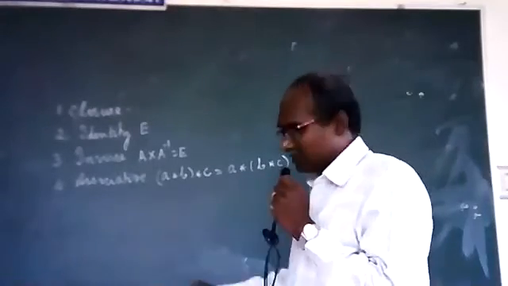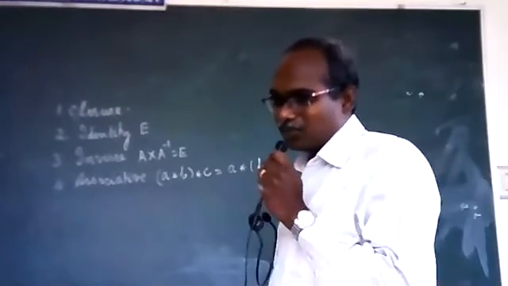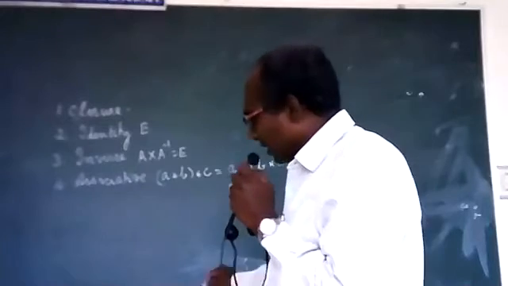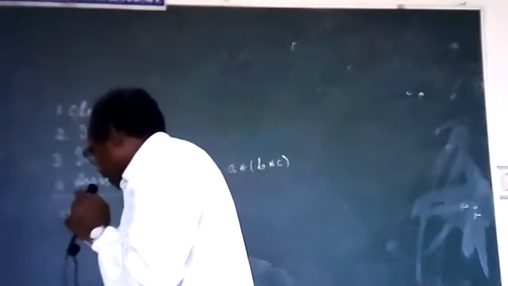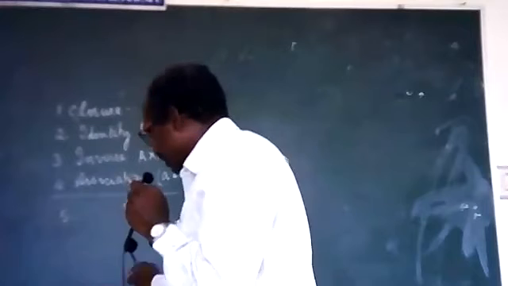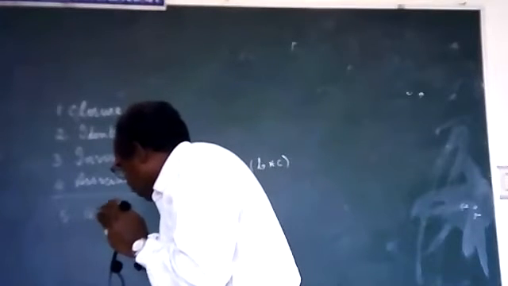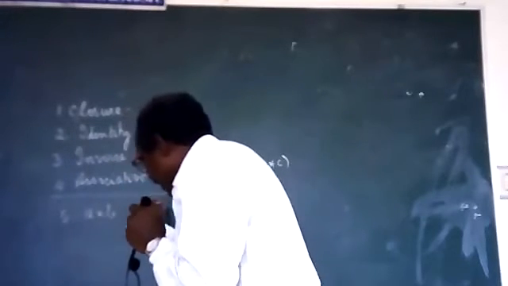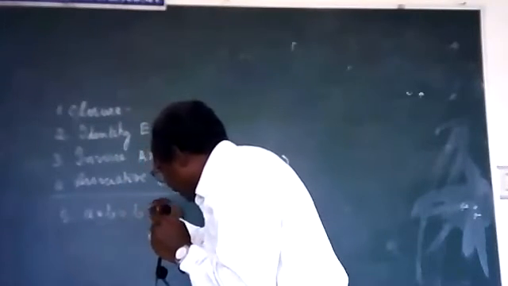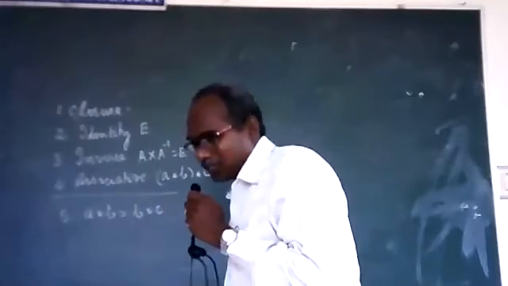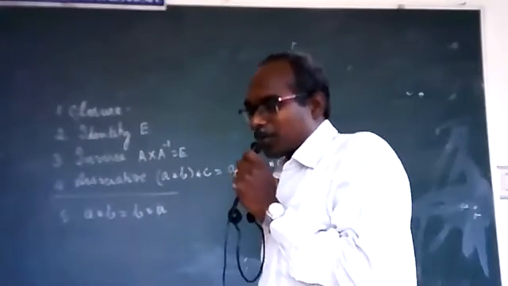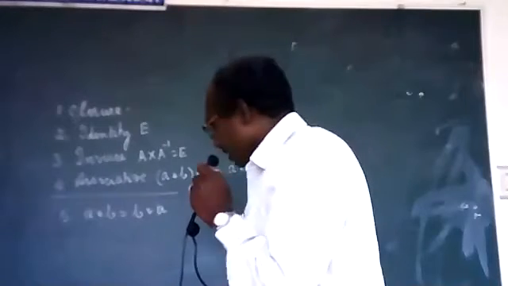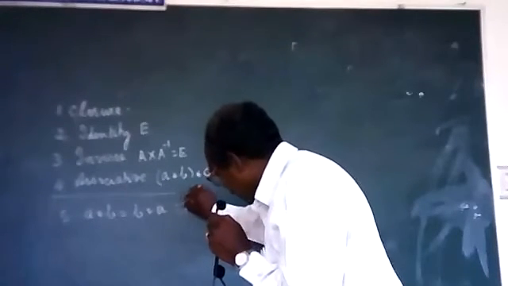If this condition is satisfied, then the operation is said to be associative. And apart from these four characteristics, if it has one more characteristic, that is, if all the elements of the group commute, commute means A star B is equal to B star A. This is called the commutation. If all the elements of the group commute, then that group is called an abelian group.